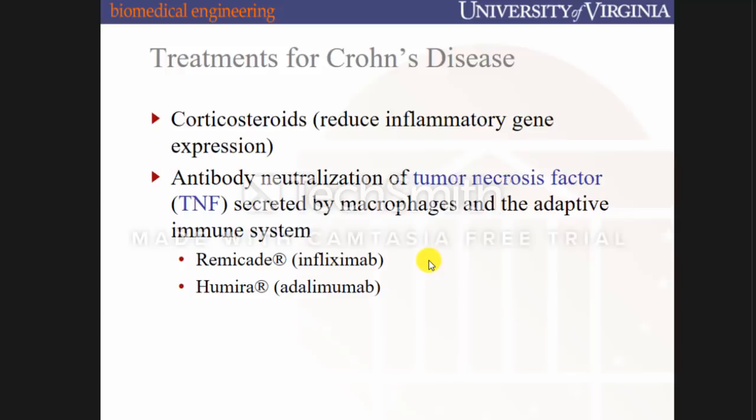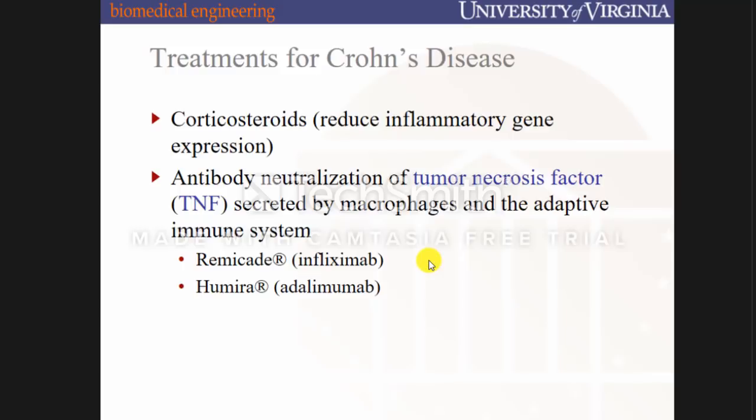So treatments for Crohn's disease. A lot of patients are treated with corticosteroids. You guys will touch later on, I think, how corticosteroids work. But its large effect is to reduce gene expression of the key inflammatory signaling pathway. And next up, patients are also prescribed a neutralizing antibody for TNF.